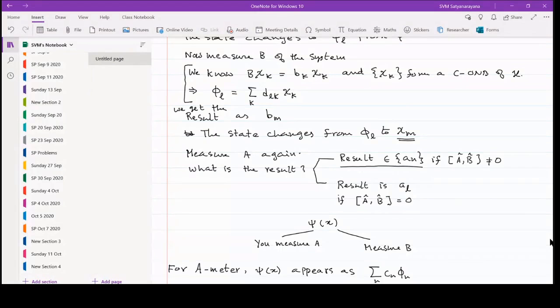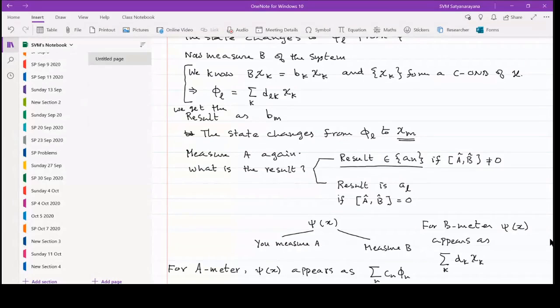This is how it appears for the A meter. On the other hand, for the B meter, psi of x appears as sum over some k, dk, ik.